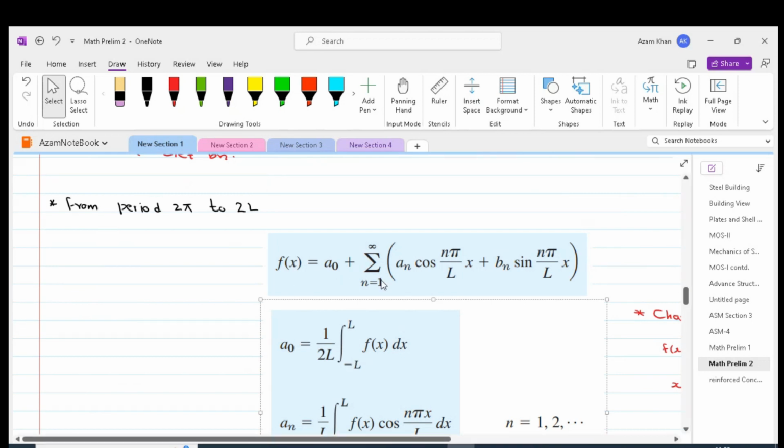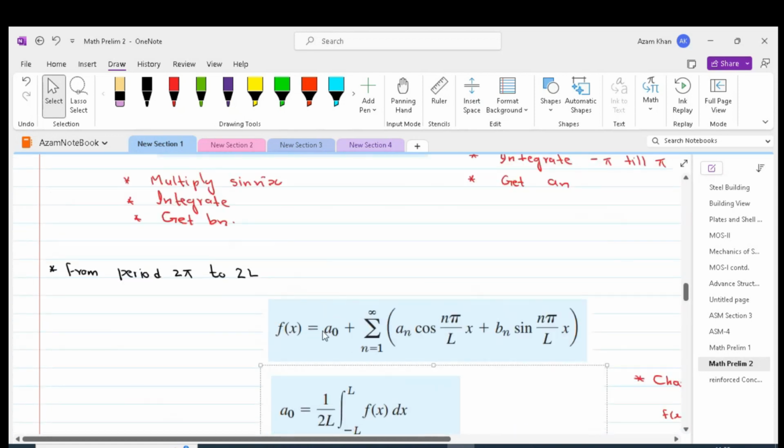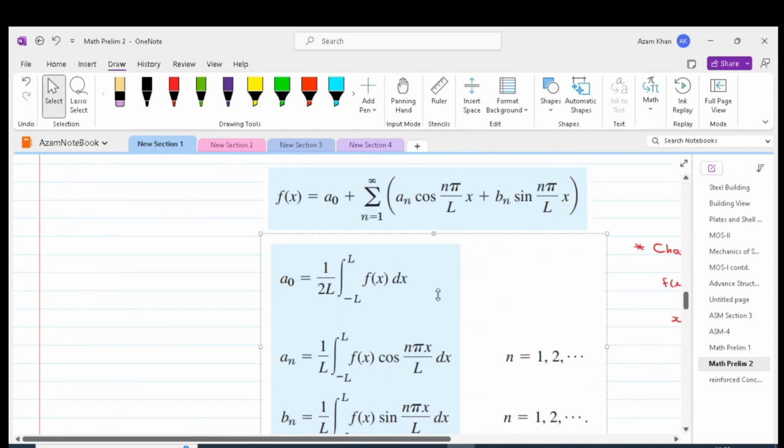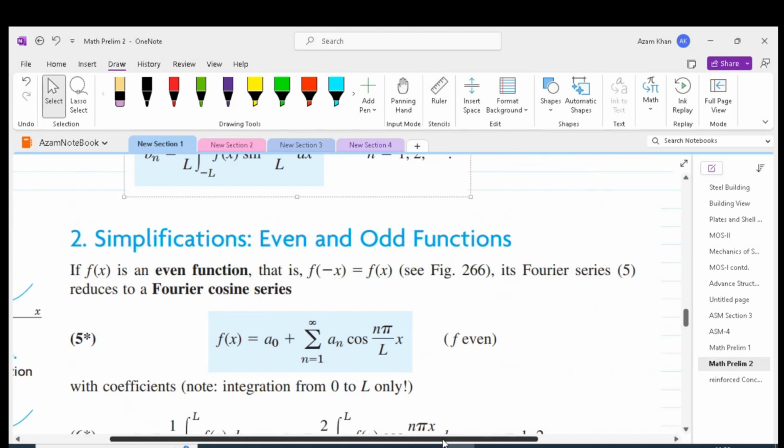The form of Fourier series which we have discussed so far is called the long form. We can also reduce our Fourier series to short forms. So instead of taking both the cosine and sine terms, we can take only the cosine term or the sine term. This is a simplification done for the ease of our calculation. Before discussing this simplification, we have to remind ourselves of two types of functions, called even function and odd function.